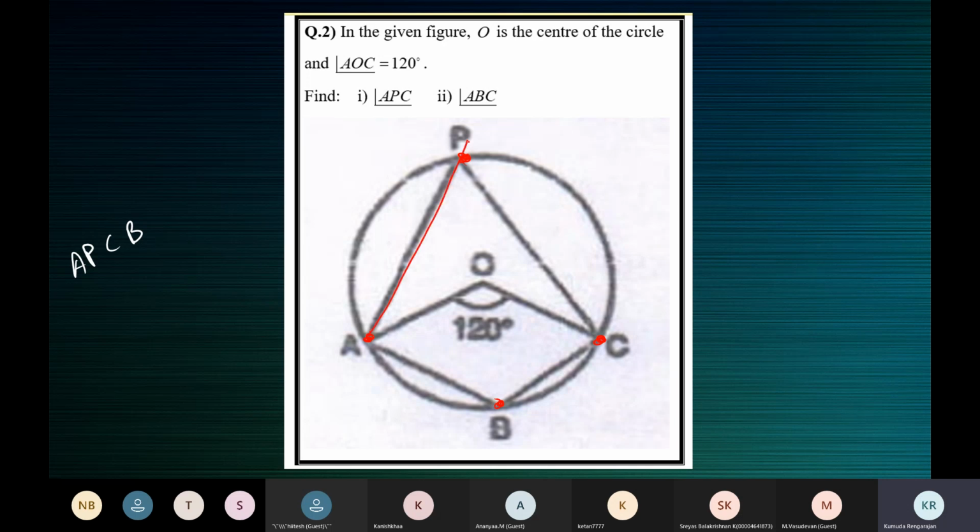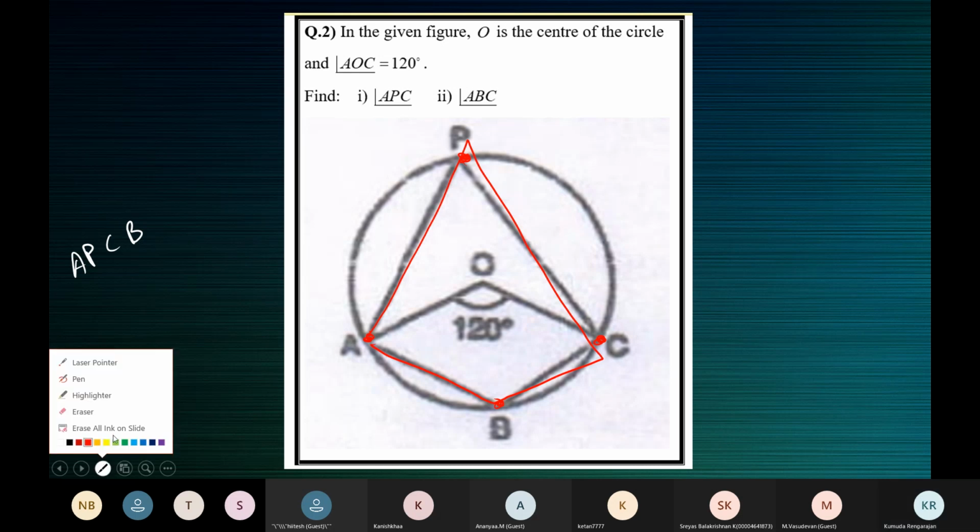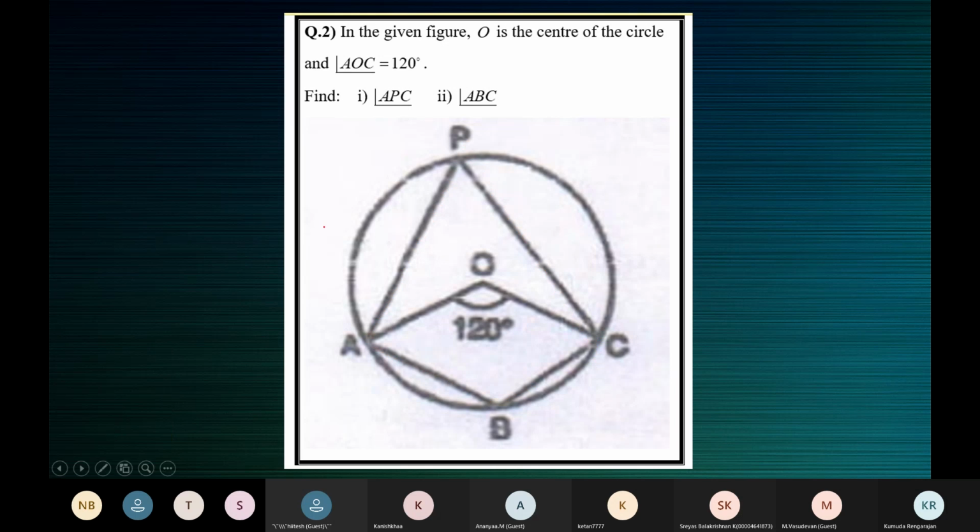So this one, APCB, is a cyclic quadrilateral. So we have to find APC, children. What is the measure of APC? 60 degrees.